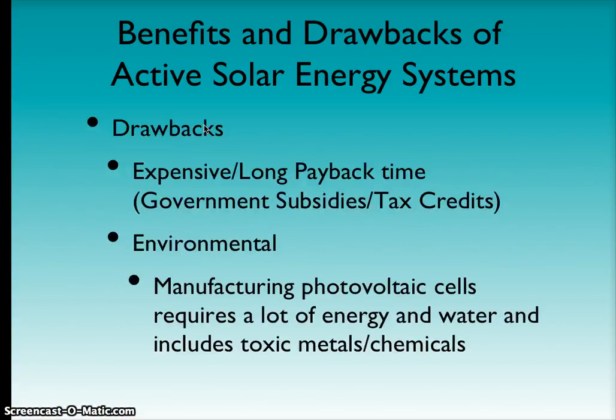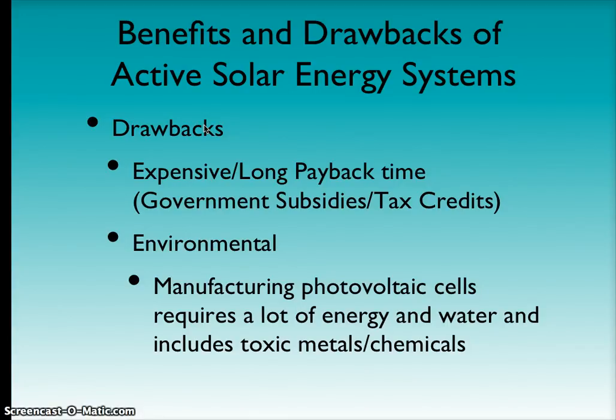The drawbacks, though, of solar energy systems is that these systems can be very expensive to install. The cost of photovoltaic solar panels can be daunting for certain individuals to install. However, there are subsidies and tax credits that governments can offer as incentives to really push the agenda.